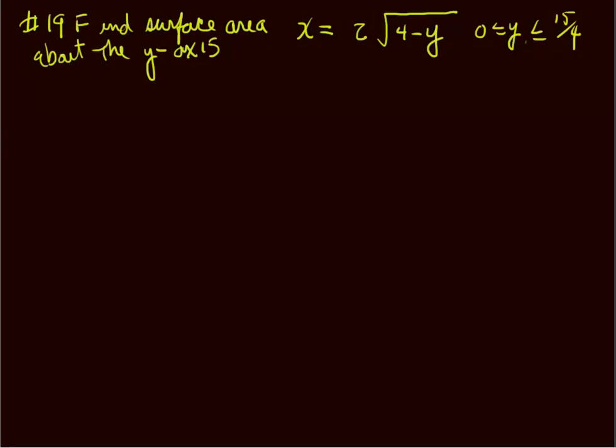So we had a problem, number 13, where we rotated about the x-axis. Now we've got one that rotates about the y-axis. I've reduced the directions here a little bit because we're going to have certainly 4 steps.